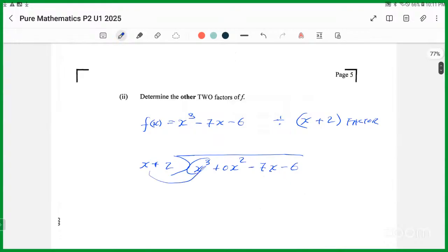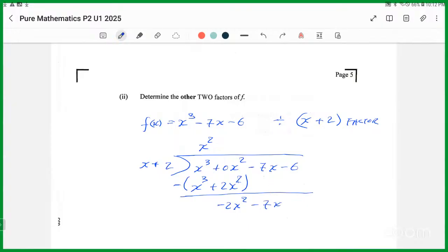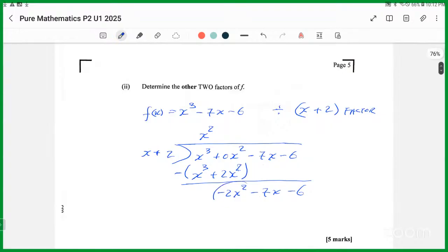So x cubed divided by x is x squared, and x squared times x plus 2 gives us x cubed plus 2x squared. Then we subtract these, so they are eliminated. It's 0 minus 2, that's negative 2x squared, and minus 7x comes down, and minus 6. Then negative 2x squared divided by x is minus 2x.